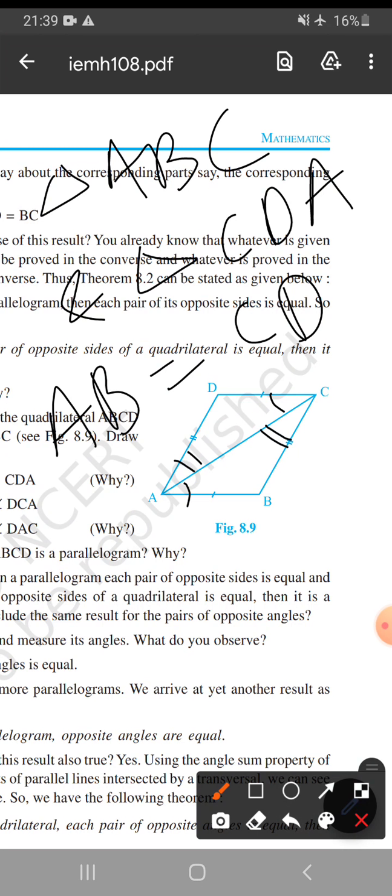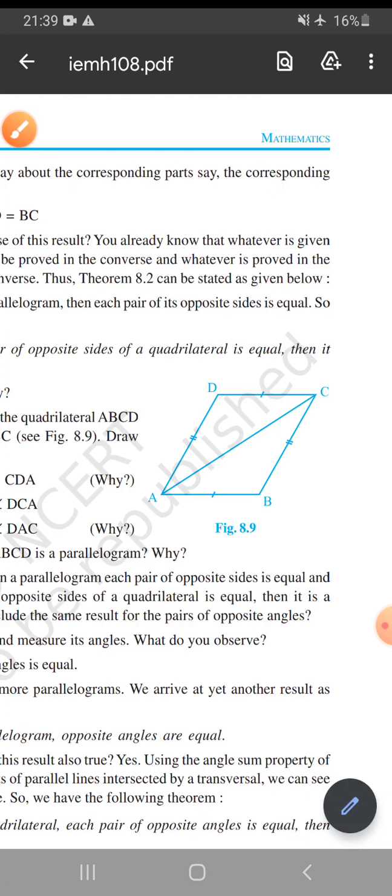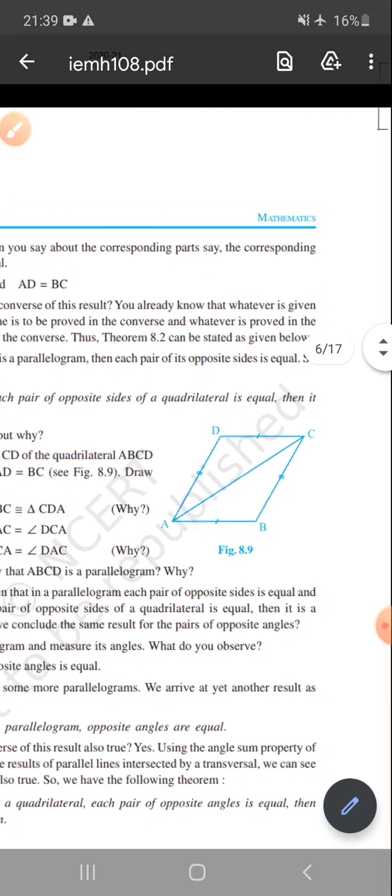So if these two angles are equal, and we can see that lines AD and BC are intersected by a transversal, and if the alternate interior angles are equal, then the two sides, that is AD and BC, will be parallel.